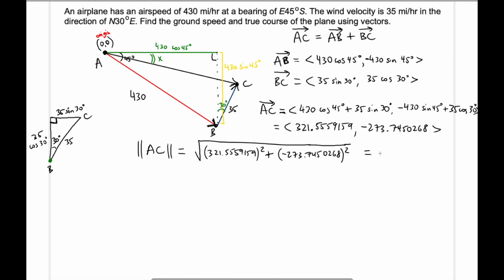What this gives me in the calculator will be a square root of 178,334.5467, about 422 miles per hour, right? So that's the true speed of the plane, given that there's also an extra force of the wind acting on the plane. So how do we find the x?